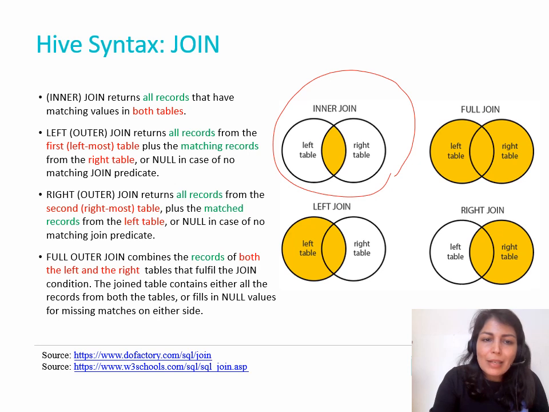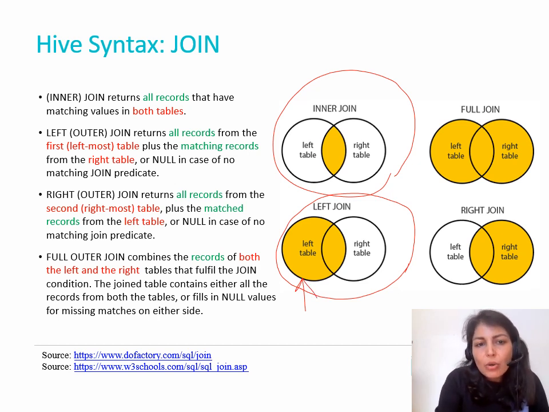Left join or left outer join, which is this one, returns all records from the first table plus the matching records from the right table. If there is no matching record in the right table, then it returns null for that record.